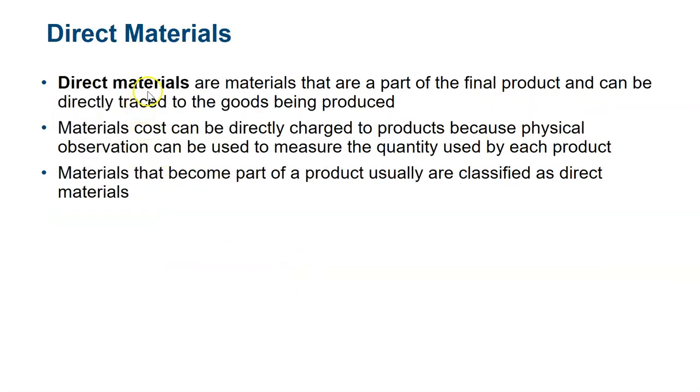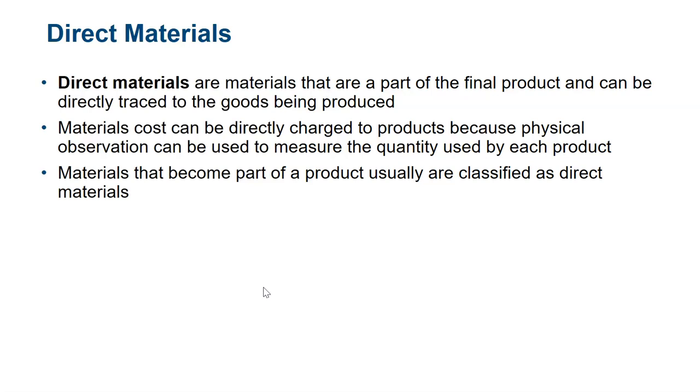It says here that direct materials are materials that are part of the final product and, here's that phrase again, can be directly traced to the goods being produced. Okay, so a windshield for a car, for example, is a direct material. Very, very easy to trace. This is how much the windshield cost.